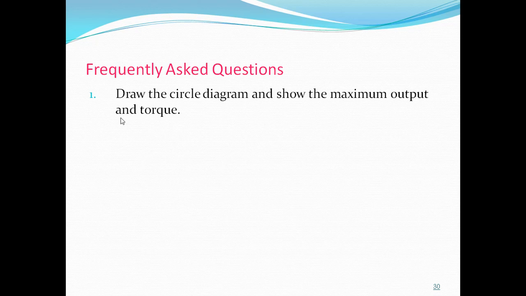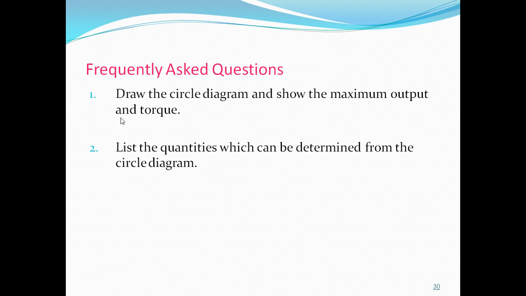So frequently what they ask is: draw the circle diagram and show the maximum output and torque. Or they will ask like this: list the quantities which can be determined from the circle diagram. So these two questions we can expect from this circle diagram.